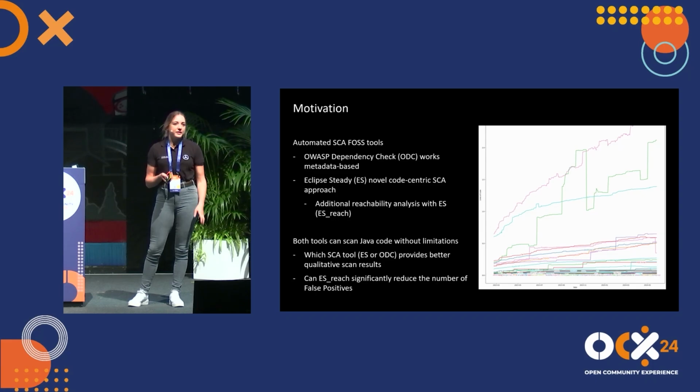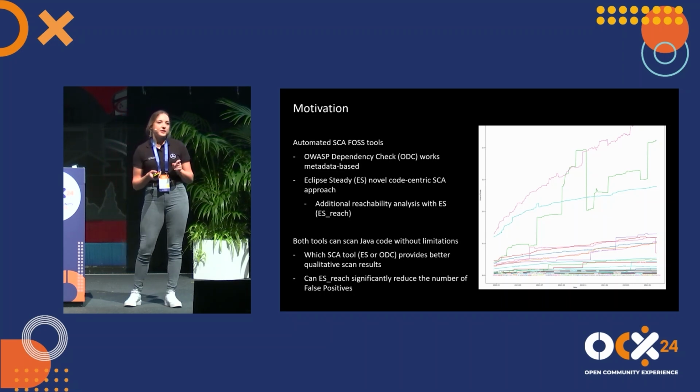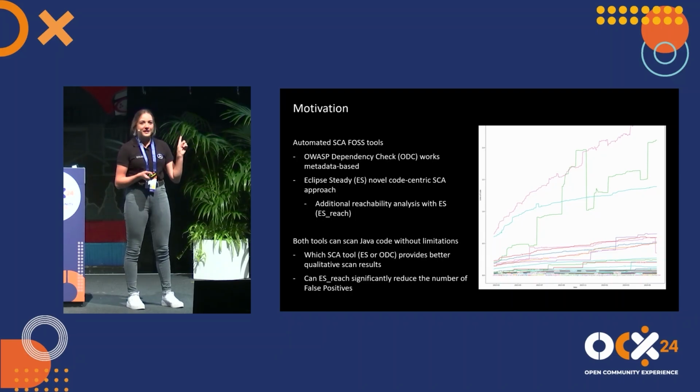There are currently two FOSS SCA tools: OWASP Dependency-Check, which works on a metadata basis, and Eclipse Steady, which works on a code-centric approach. As it works on a code-centric approach, it has the additional ability to do a reachability analysis for vulnerable code, which I refer to as AS-REACH.